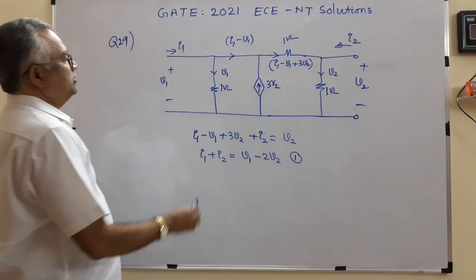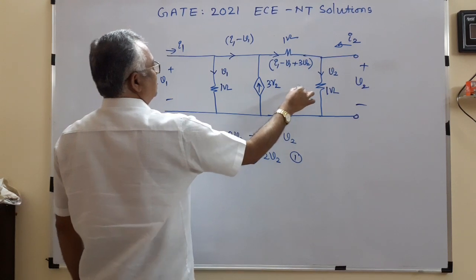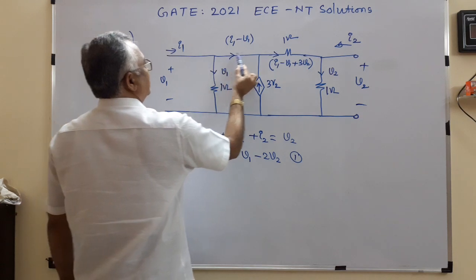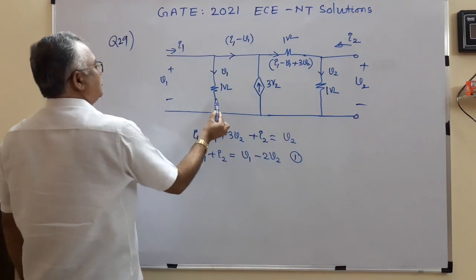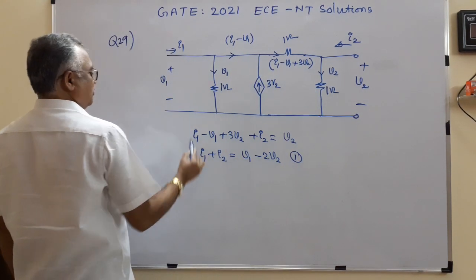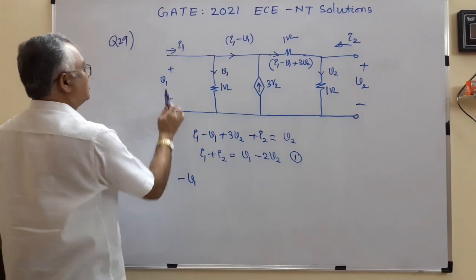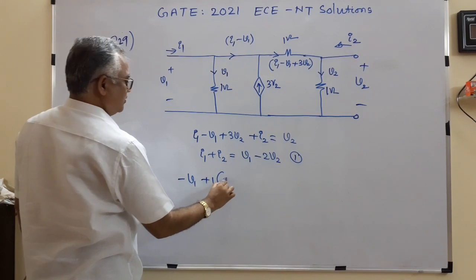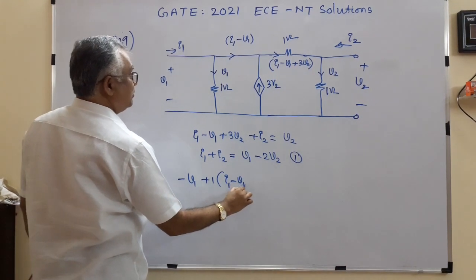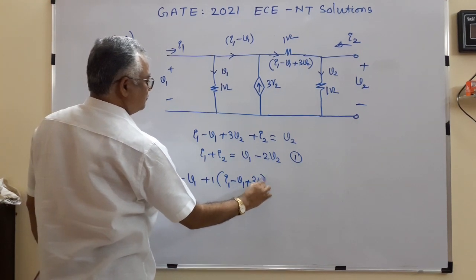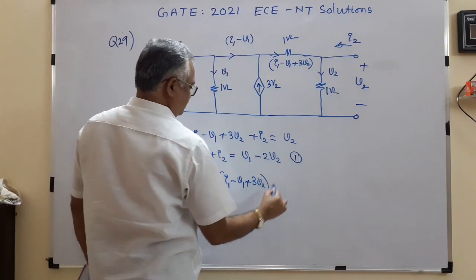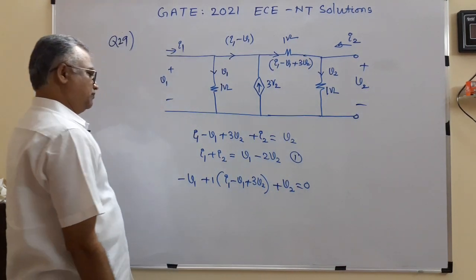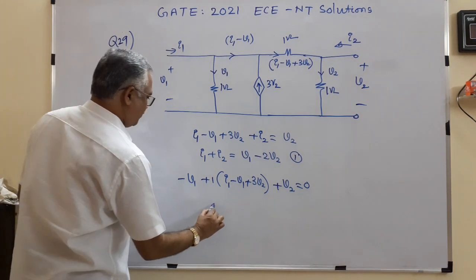What is the other equation? This is not possible. You can write this outer loop. This one is nothing but V1, so minus V1, then 1 into I1 minus V1 plus 3V2, here V2 plus V2 equal to 0. So solve for I1.